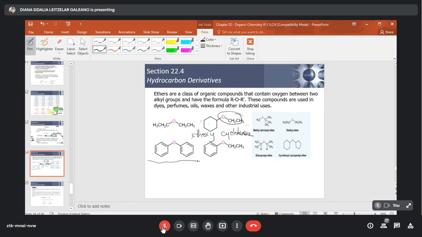Raulito, what's the name of this compound? Benzene. Ajá, este es benzene.